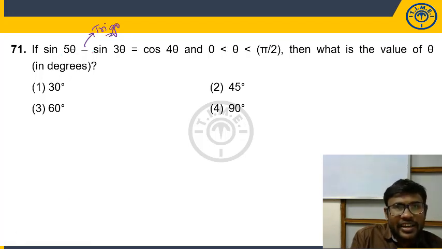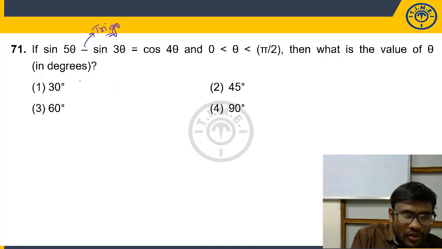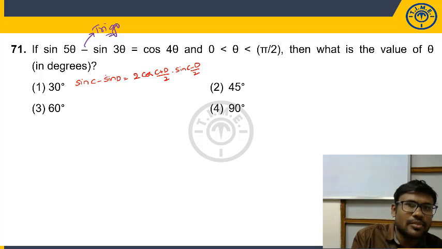Sin 5 theta minus sin 3 theta is equal to cos 4 theta. There is a formula for sin C minus sin D. What is sin C minus sin D? 2 cos C plus D by 2 into sin C minus D by 2. So we have sin 5 theta minus sin 3 theta.